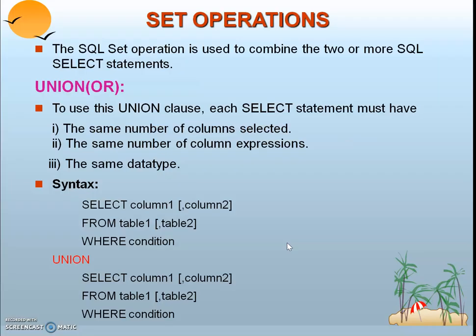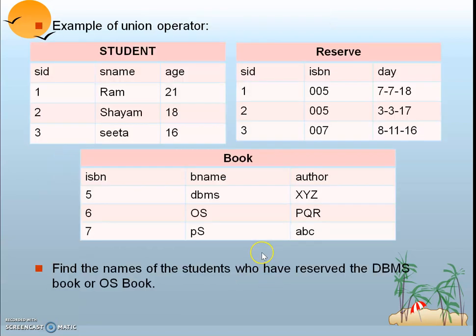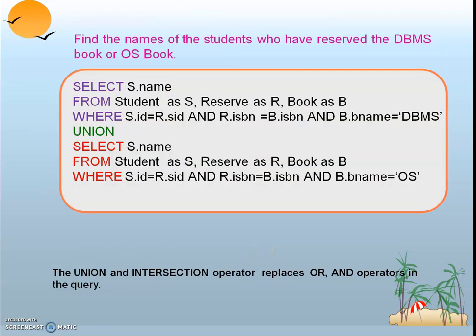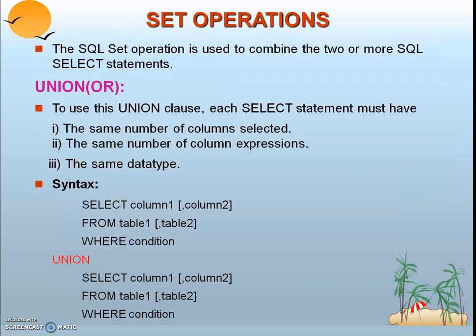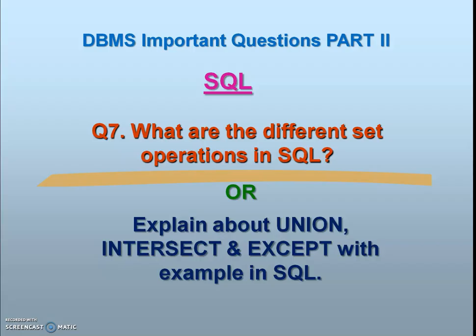Take the same example, write all the queries and finally mention, just replace the operator with the relevant operator. That's all, the work will be done. Hope the concept is clear. Thank you very much.